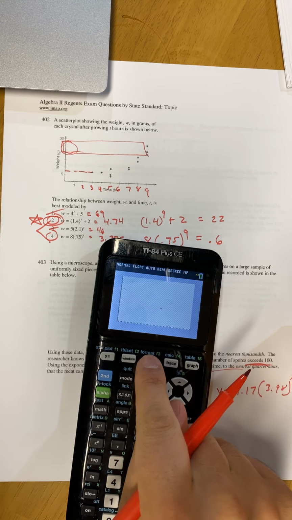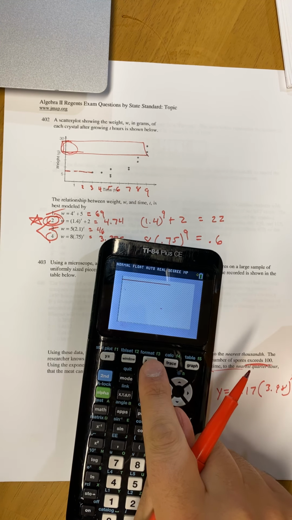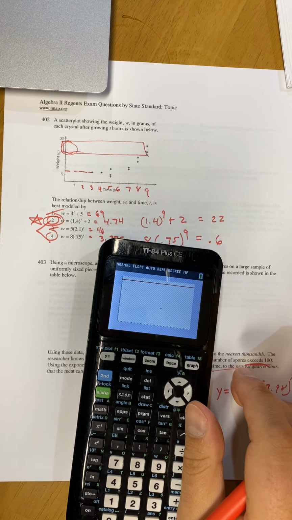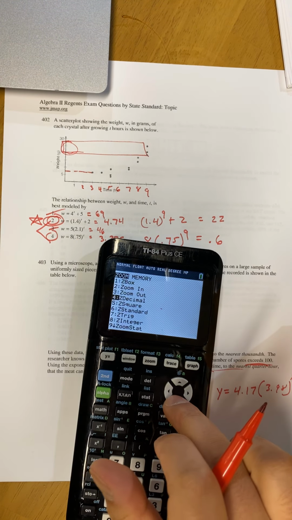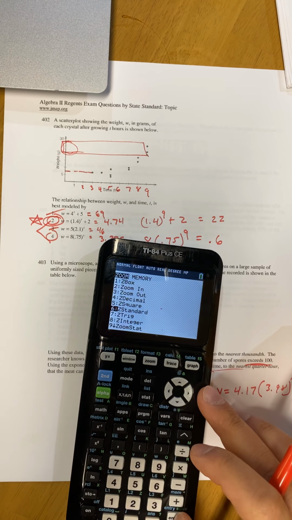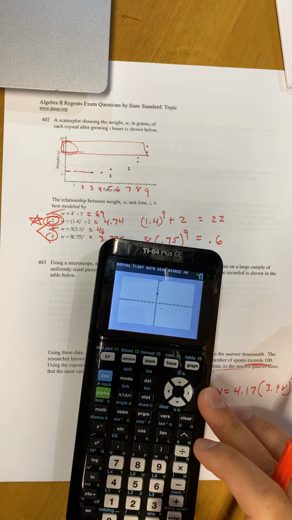Okay. Zoom. Go to zoom 6. That gives you a 10 by 10 window.